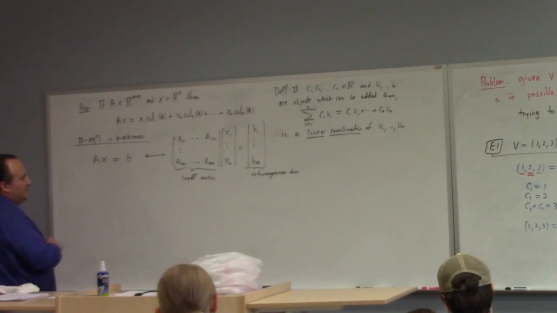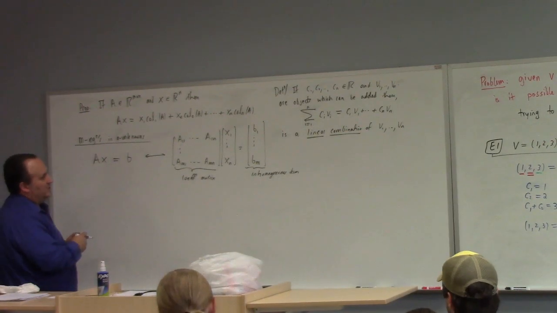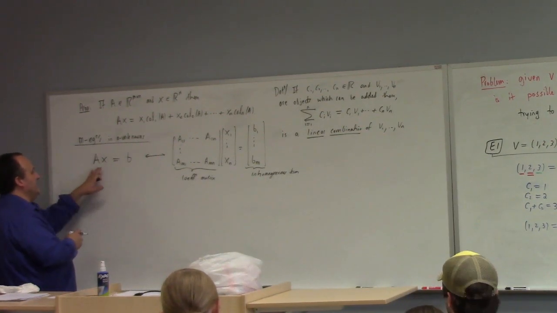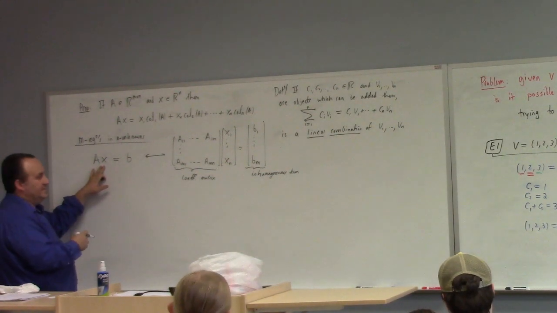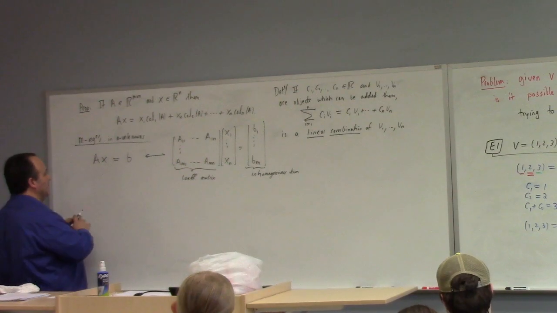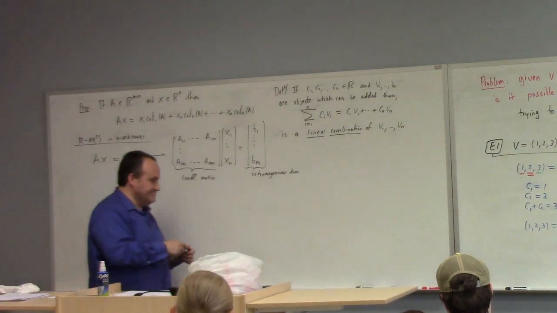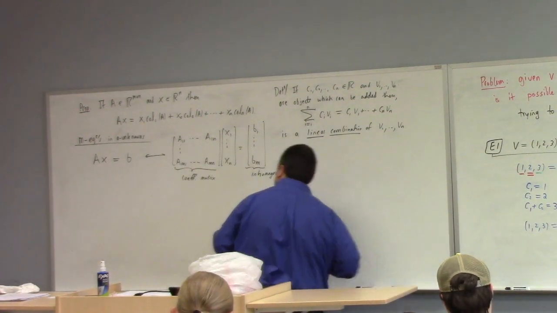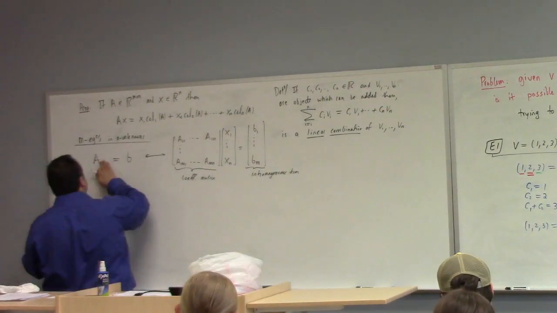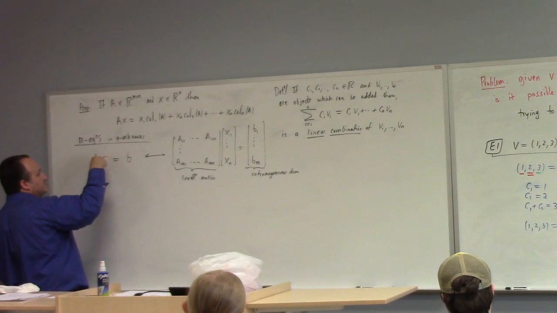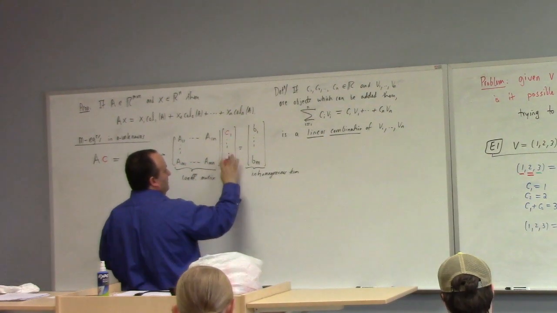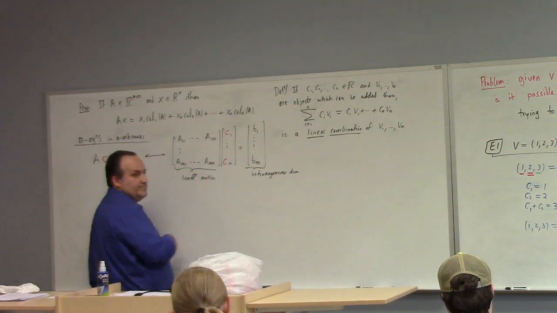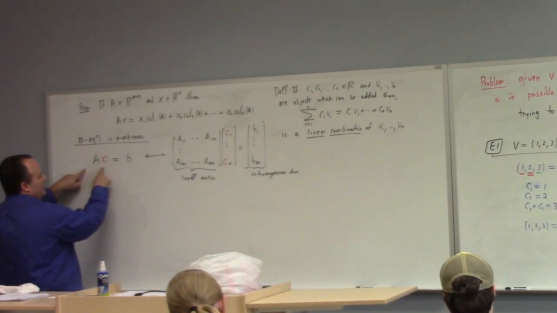If you want, I can change the x to a c for the sake of this discussion to make it more transparent. If instead of x we put c here, what would that look like? I'd have C1 through Cn. What is this, though?